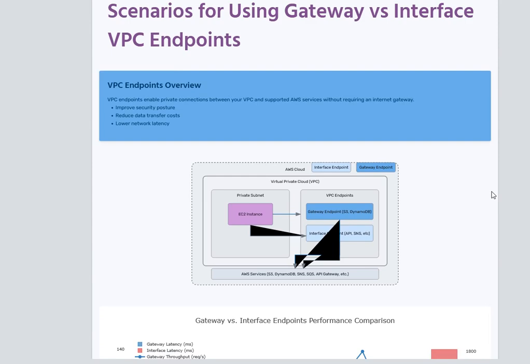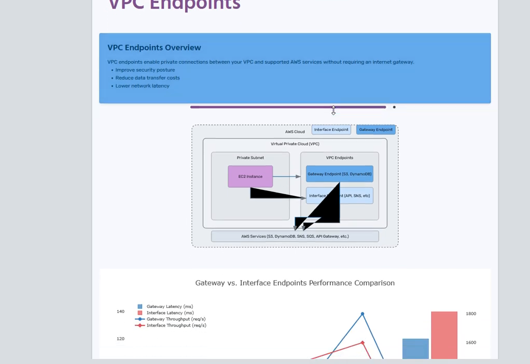All right, scenarios for using gateway versus interface VPC endpoints. We discussed this earlier as well, but let's go through a quick recap. VPC endpoints enable a private connection between your VPC and supported AWS services without requiring an internet gateway.